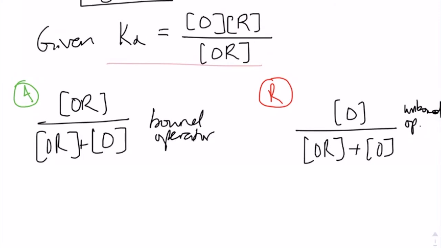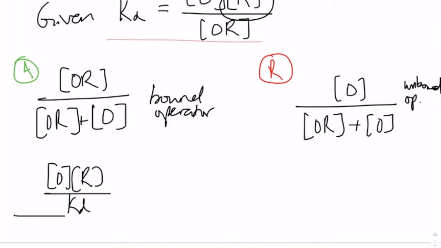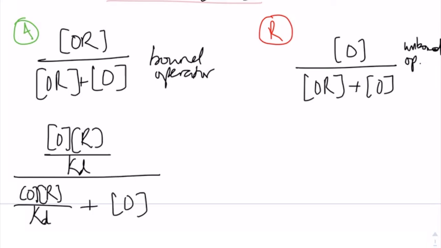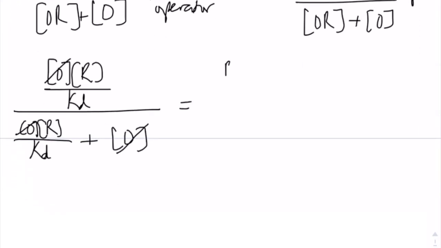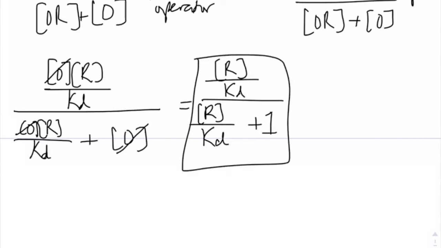Let's use Kd to derive what it is as a fraction of R. The top part will become OR over Kd, and then the left-hand side of the bottom becomes the same thing, over Kd plus O. Notice how these O's can drop out, and this just gives us R over Kd over R over Kd plus 1. So this is our fraction of bound operator.